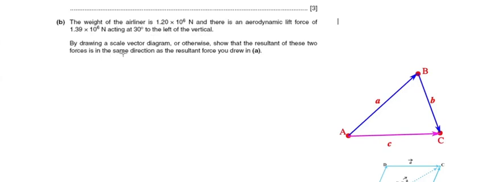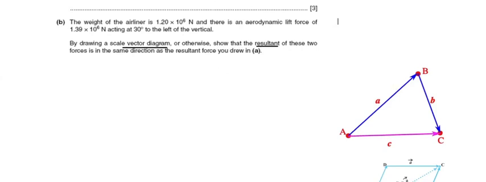By drawing a scale vector diagram or otherwise, show that the resultant of these forces is in the same direction as the resultant force we drew in part A. So here you can do it either by using the vector diagram or otherwise, we can show this using the calculation.